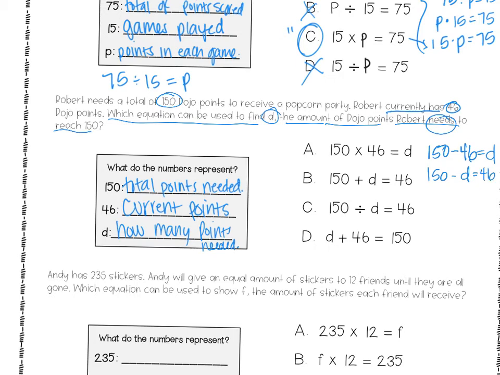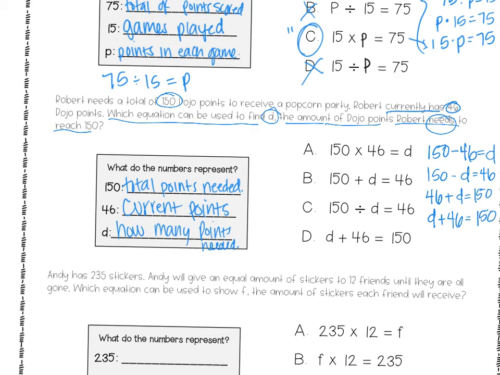Or I could say the amount that he has plus the amount that he needs, and that would equal the total points. I could also say how many points he needs plus his current points would equal the total points.